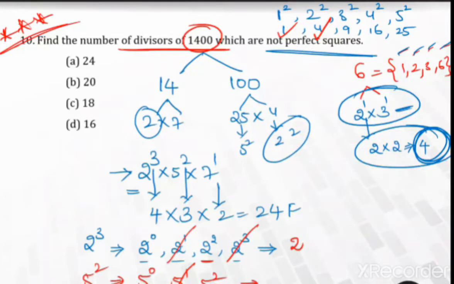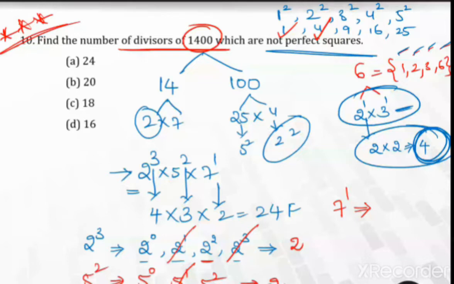Now similarly, 7 power 1, how many perfect squares are there in 7 power 1? Can anyone? 1. Yes, excellent. 7 power 1 is nothing but 7, which is not a perfect square, so only 7 power 0, that is 1.